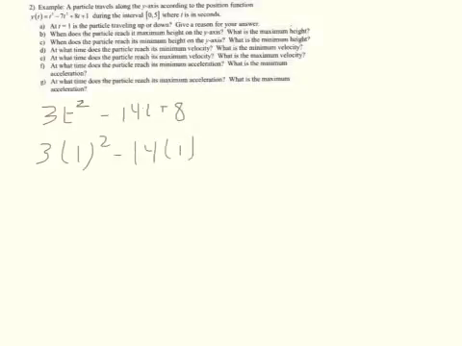So the first thing you have to do is take the derivative. So that would be 3t squared minus 14t plus 8. So now we plug in t equals 1. So 3 times 1 squared minus 14 times 1 plus 8 equals 3 minus 14 plus 8, which is 11 minus 14, which is negative 3.